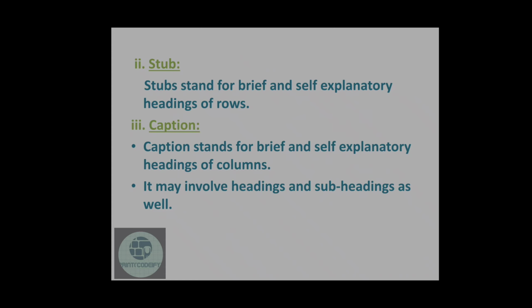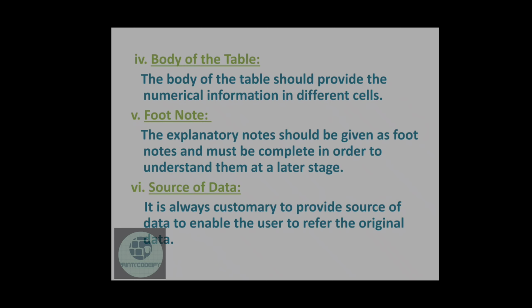Second one, stub. Stub stands for brief and self-explanatory headings of rows. Third one, caption. Caption stands for brief and self-explanatory headings of columns. It may involve headings and subheadings as well. Fourth one, body of the table. The body of the table should provide the numerical information in different cells. Fifth one, footnote.